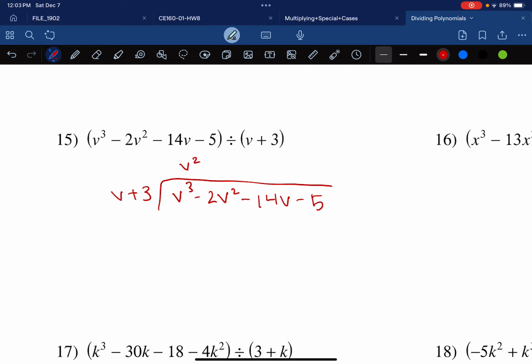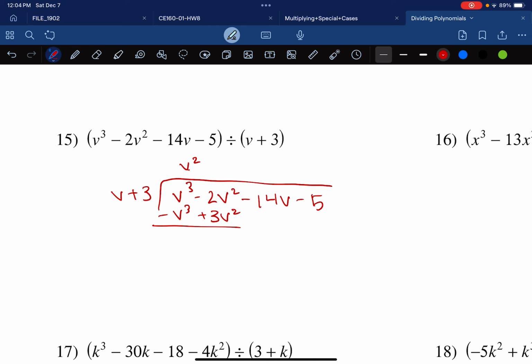V squared times v is going to give us v to the third. And then we multiply this v squared by our 3 also, and that's going to give us 3v squared. Okay.